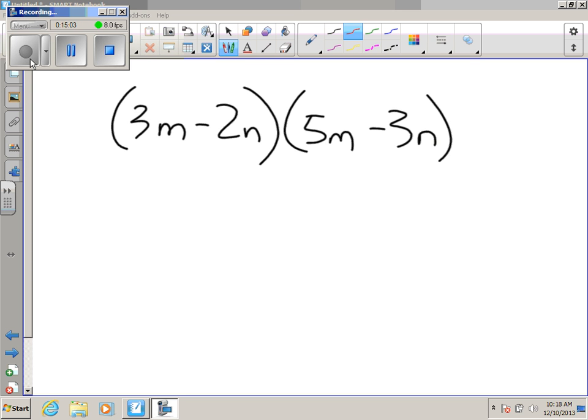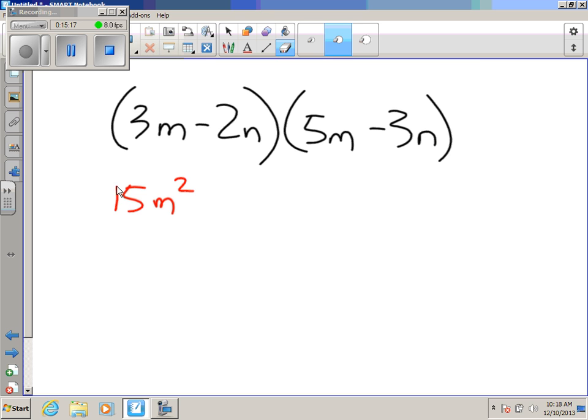First, 3m times 5m is what? 15m squared. Outer, 3m times a negative 3n. Negative 9mn. Inner, negative 2n and 5m.